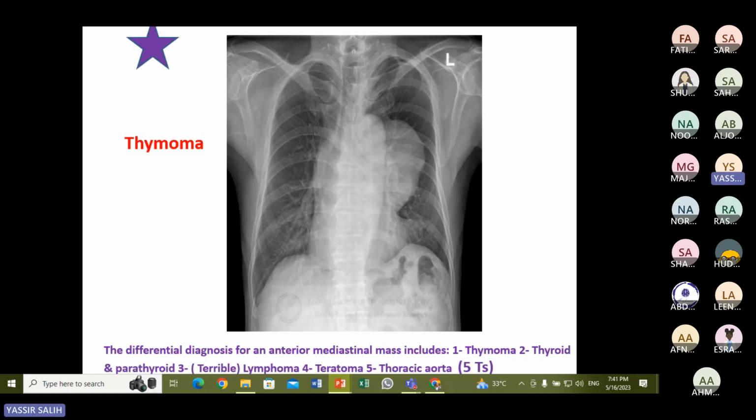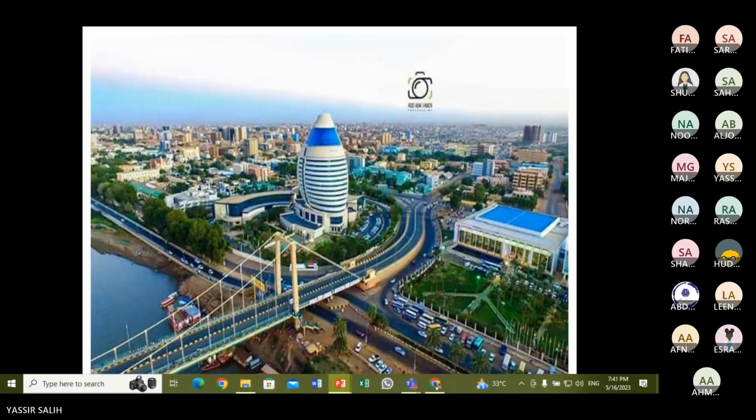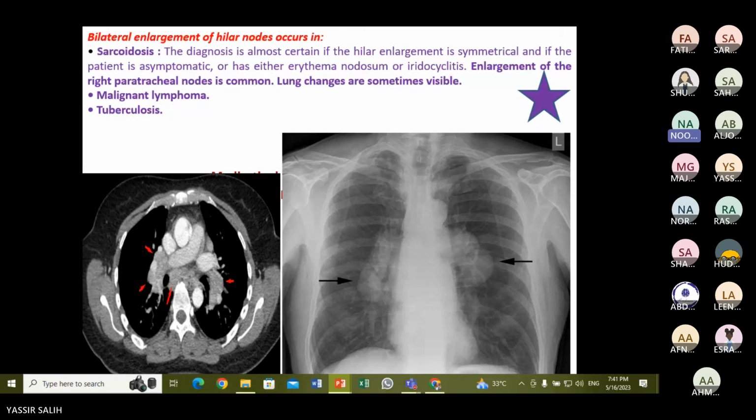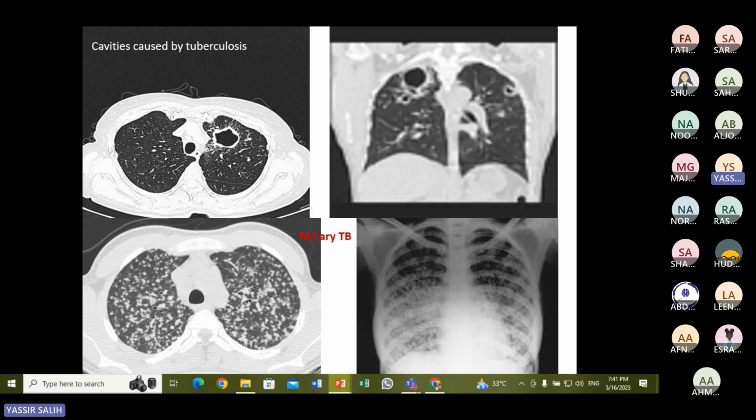In adults, especially, lymphoma. Yes, you're right. What are the radiological features of sarcoidosis on plain X-ray, chest radiograph?